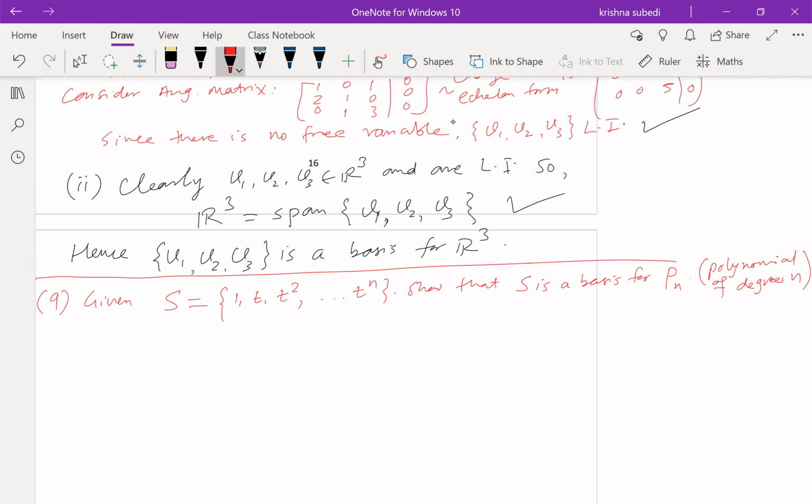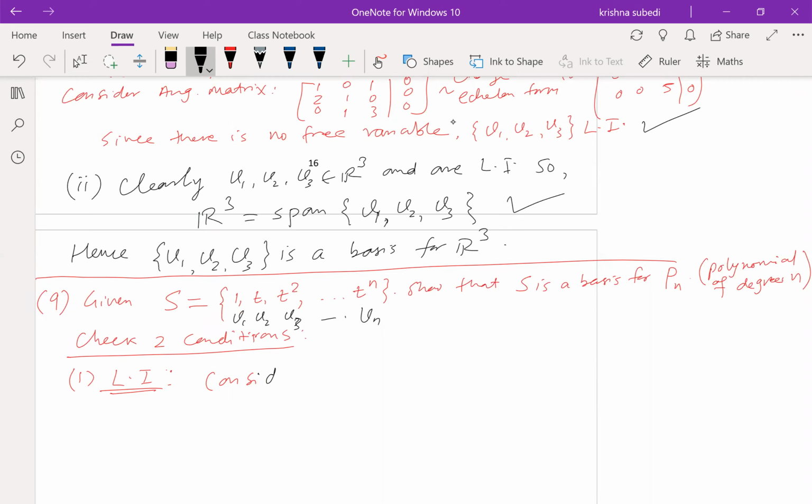So we need to check 2 conditions. Condition 1, linearly independent. Let's check that. I will consider these as vectors, maybe I can write this as v1, v2, v3 up to vn.